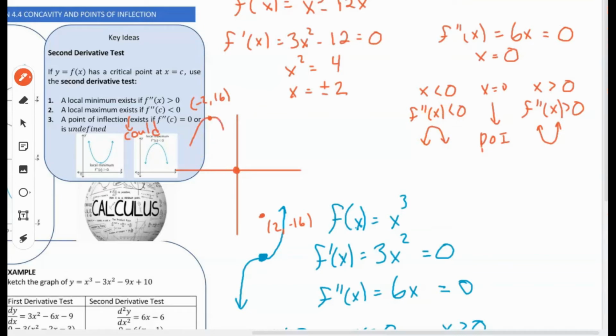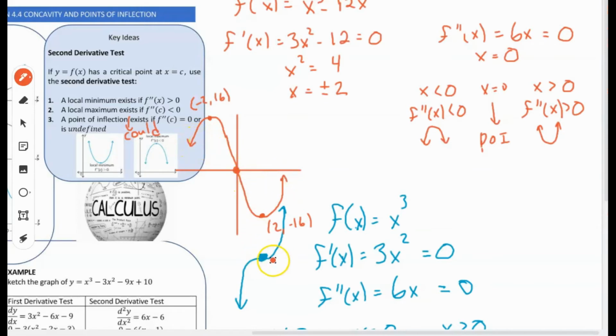I immediately know that's going to be a maximum point without doing the first derivative test. And then right here you have a point of inflection. So it looks like that, and concave up. So we switched from concave down to concave up, like so.